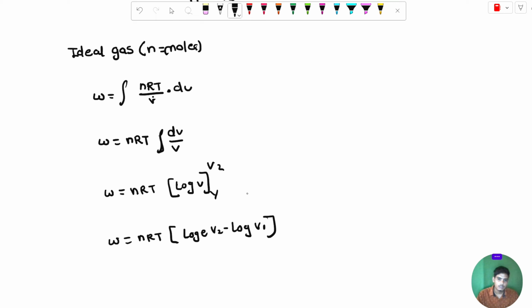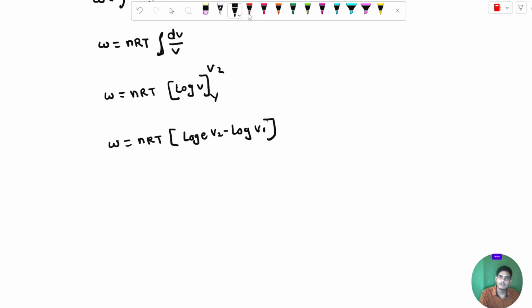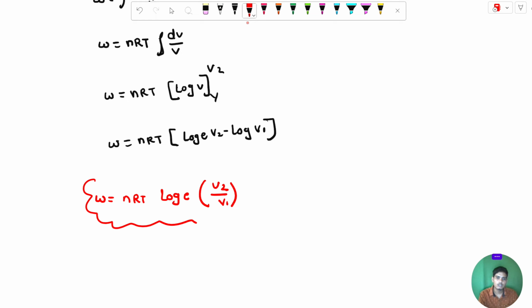You can also simplify this equation: W is equal to nRT log e outside the bracket V2 divided by V1. This is the final equation of work done in isothermal process.